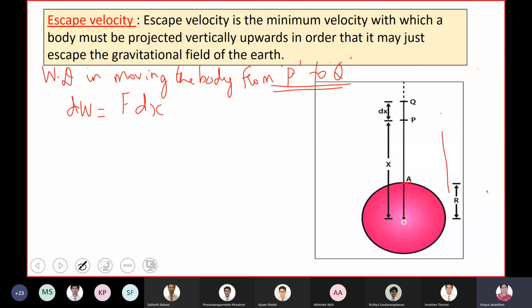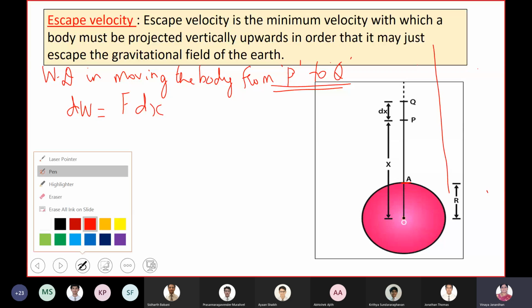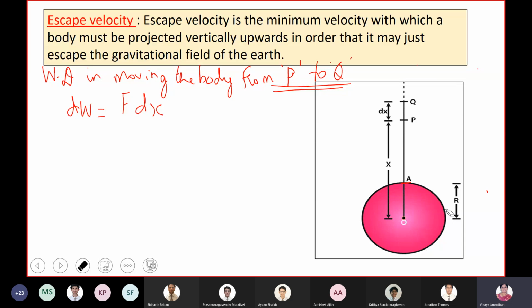You have to push the body from point A to infinity. Now you will understand the concept of integral calculus now. Now the body is initially at point A. Now you need to push the body from point A to infinity. Is that clear, boys? I'm just pushing the body from point A to infinity.